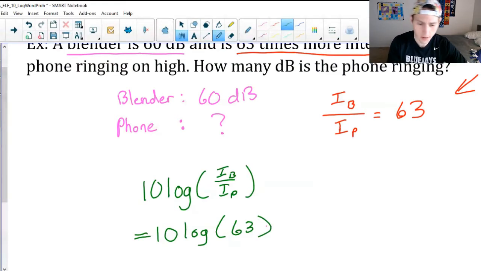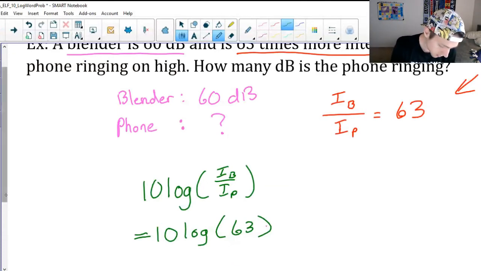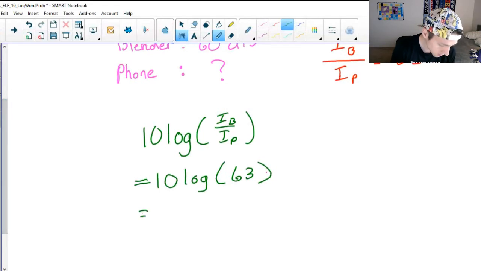Let me find my calculator. Found it. 10 log of 63, common log, is 17.99. So since we're rounding to tenths, I'm just going to round that to 18.